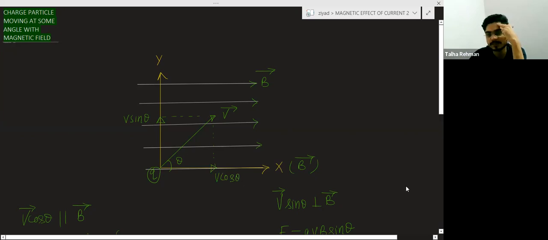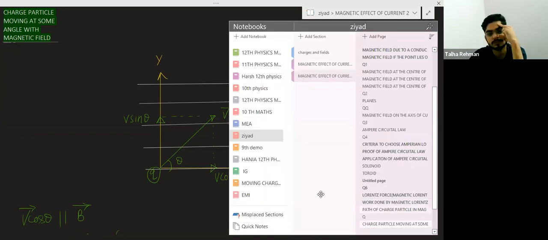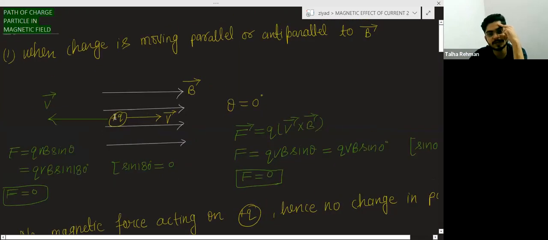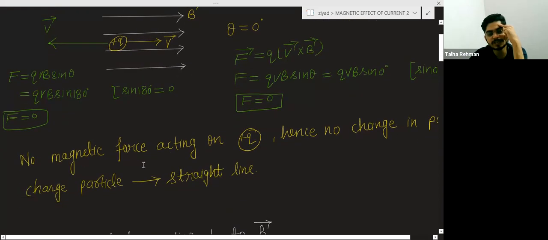Here, see, this is the first case. This charged particle is moving parallel to the magnetic field, meaning in the same direction as the magnetic field. Here the force on the charged particle is 0, so the path of the charged particle will be a straight line. The same is the case here. You can relate it.